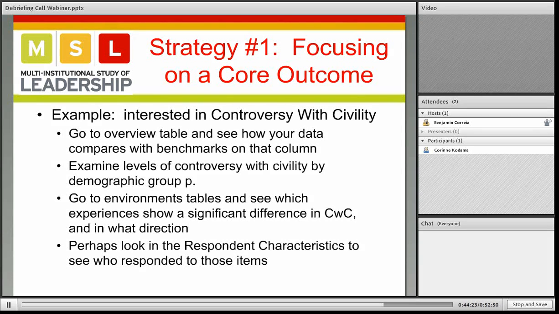And then you also want to see in what direction those particular variables impact that. Then you might look in the respondent characteristics to see who responded to those items. By doing that, you could get a really good sense of what impacts controversy with civility on your campus or what doesn't, and if your students are scoring higher or lower, or particular groups of students are scoring higher or lower. That would be one way that you could use your report.